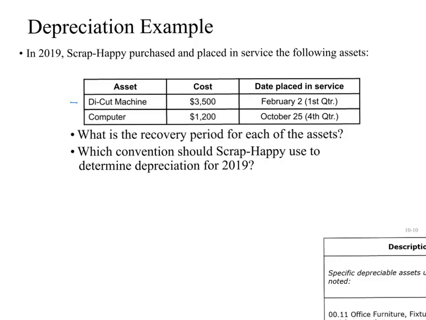So a die cut machine, which is manufacturing equipment, and a computer, okay? And placed one in service in the first quarter and one in service in the fourth quarter. So the first question is, what is the recovery period for each of the assets?